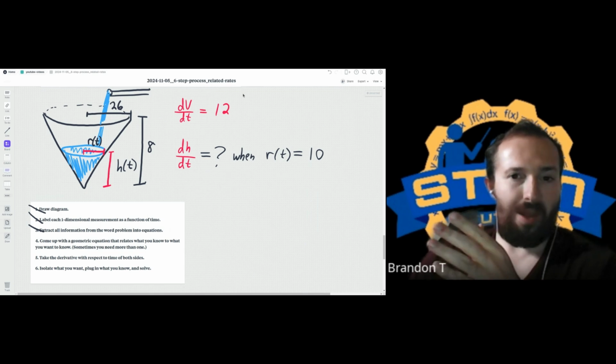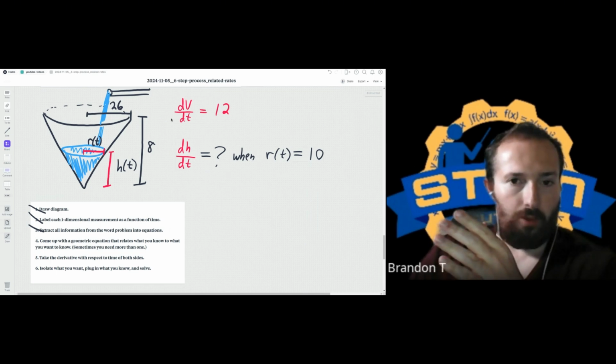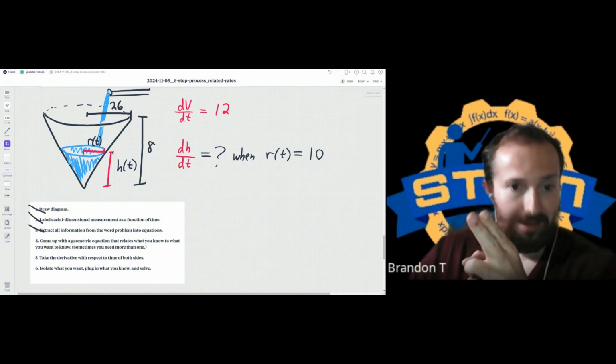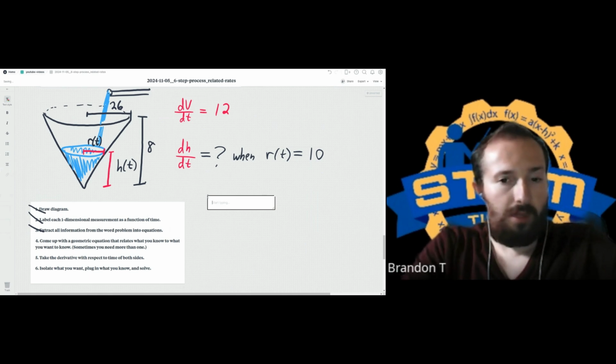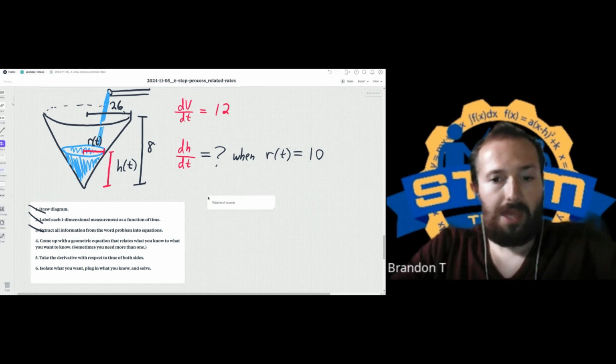So basically we want a geometric equation that relates the volume of this blue cone of water to its radius and its height. What would that be? This is where some creativity comes in, by the way, but hopefully it makes sense. This would be the volume of a cone. Volume of a cone is what we want to use here.